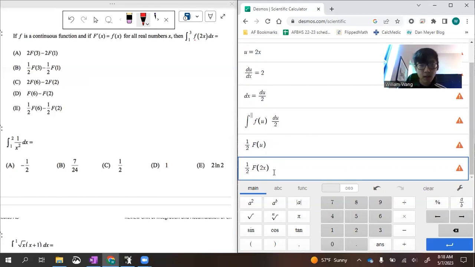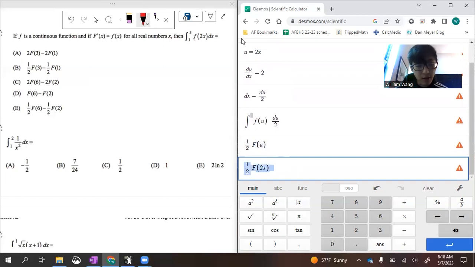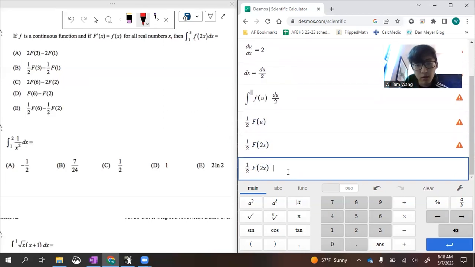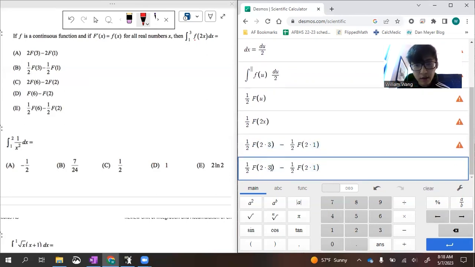All right, now I'm going to plug in 3 and 1, because remember it's a definite integral, so I still need to plug in my 3 and 1. So I plug in 2 times 3 minus 2 times 1. So it's going to be 1/2 F of 6 minus 1/2 F of 2.